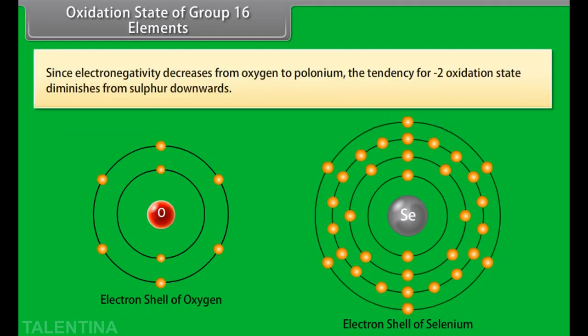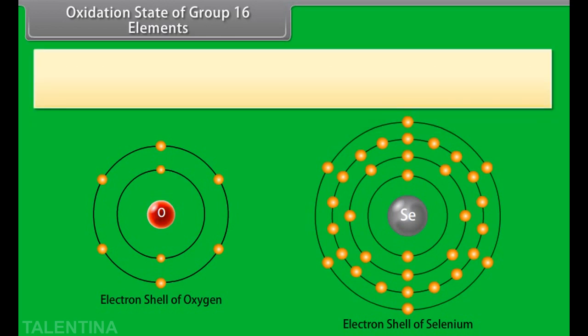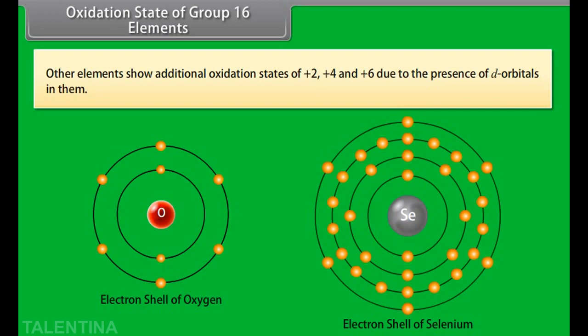Since electronegativity decreases from oxygen to polonium, the tendency for -2 oxidation state diminishes from sulphur downwards. Other elements show additional oxidation states of +2, +4 and +6 due to the presence of d orbitals in them.